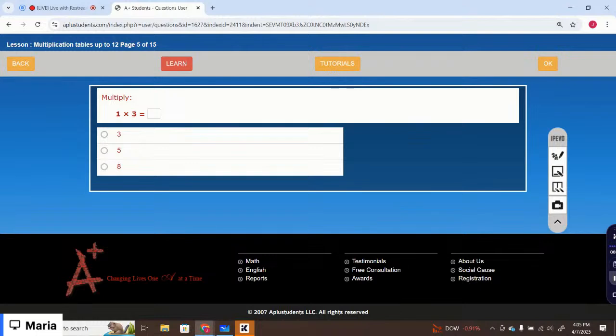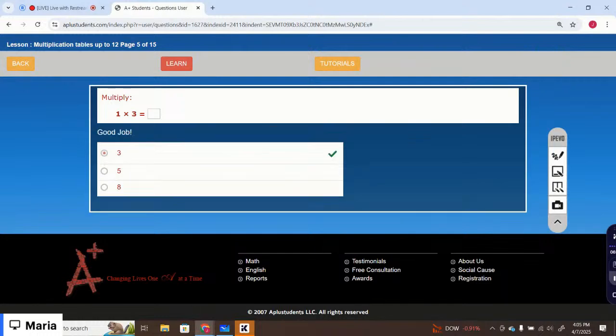One times 3. 1 times 3 is 3. Option number 1 is the correct option.